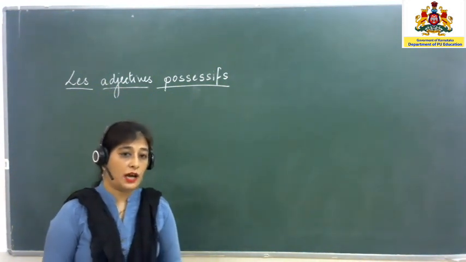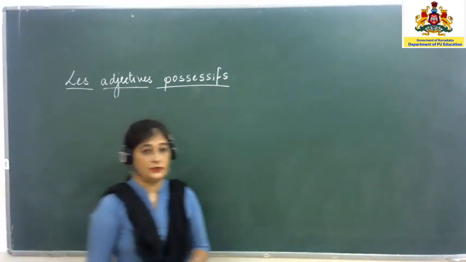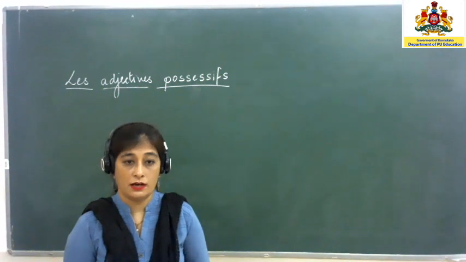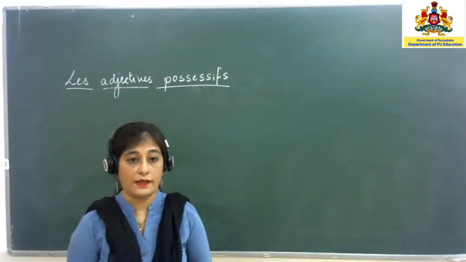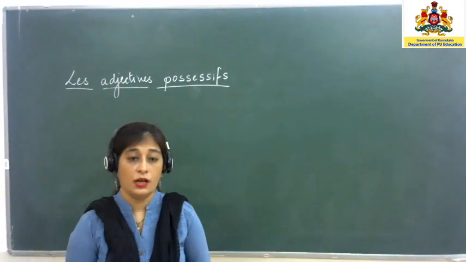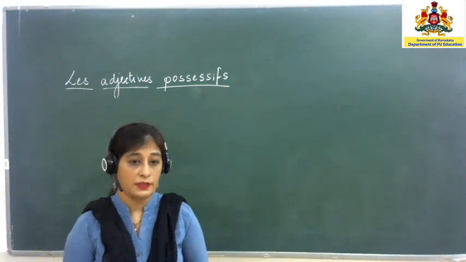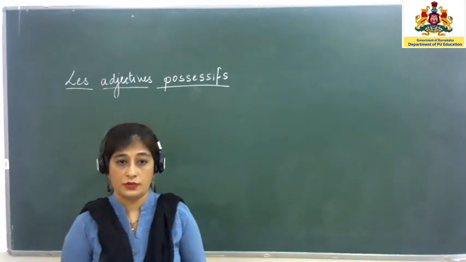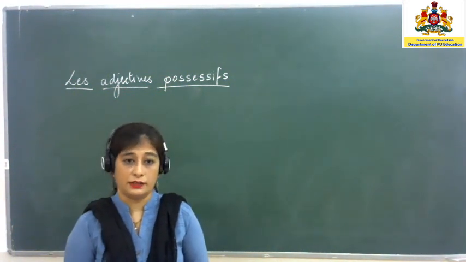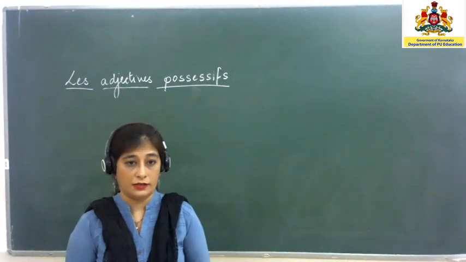Fine. So what is this possessive adjective? It is nothing but my, your, his, her, our, your, and their. So when you say my book, your book, his book, her book, our books, your books, their books, or my father, your father, his father, her father, their father, our father, right?